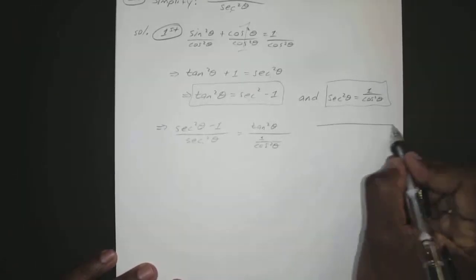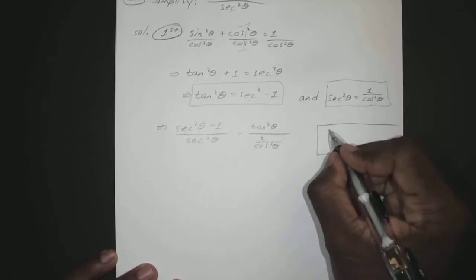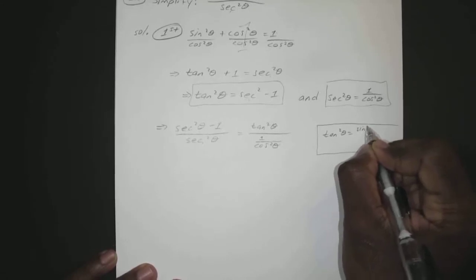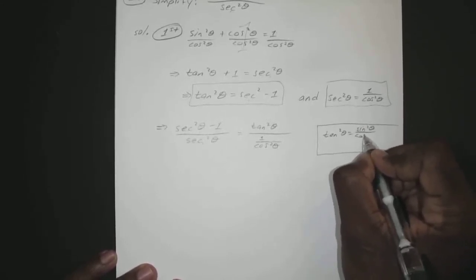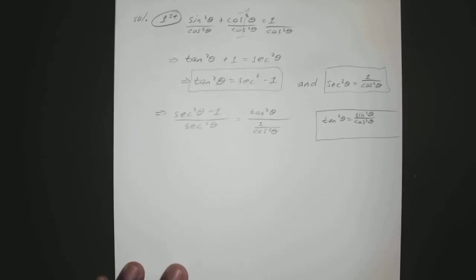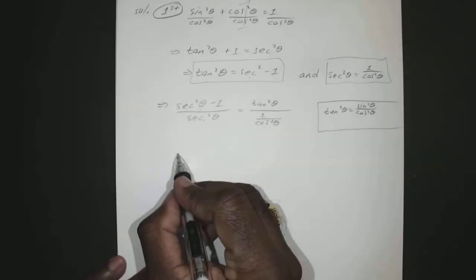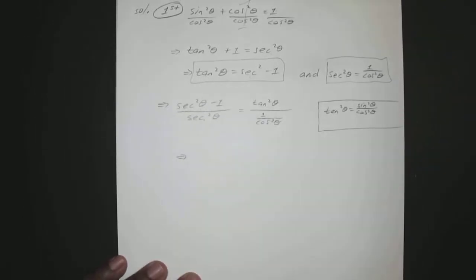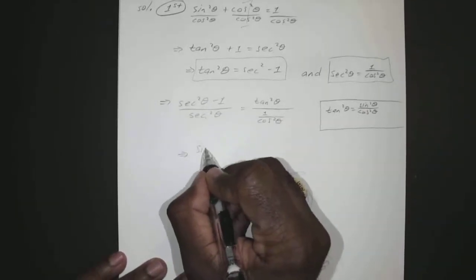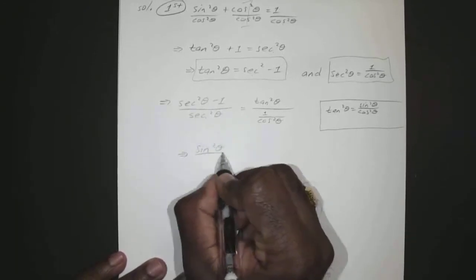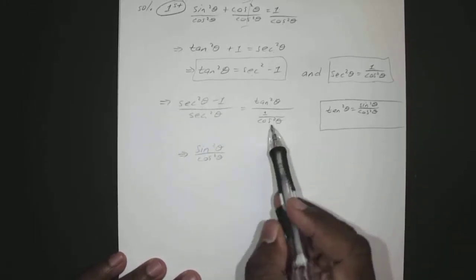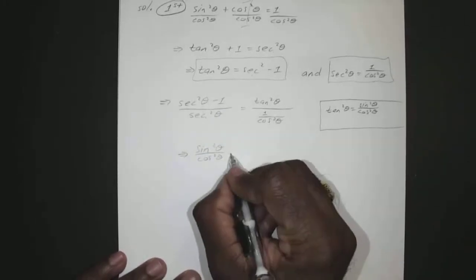If you remember, tangent squared is sine squared over cosine squared. So you have sine squared over cosine squared divided by 1 over cosine squared.